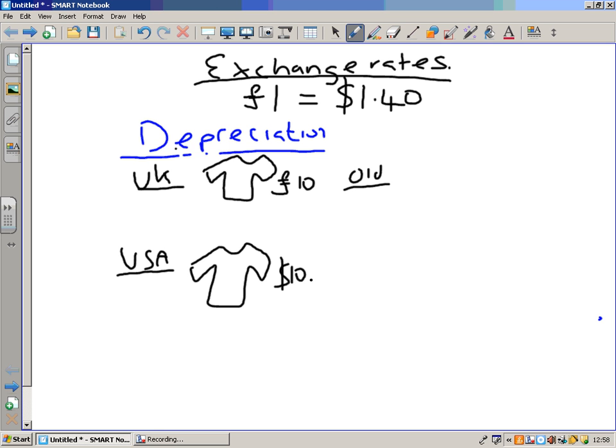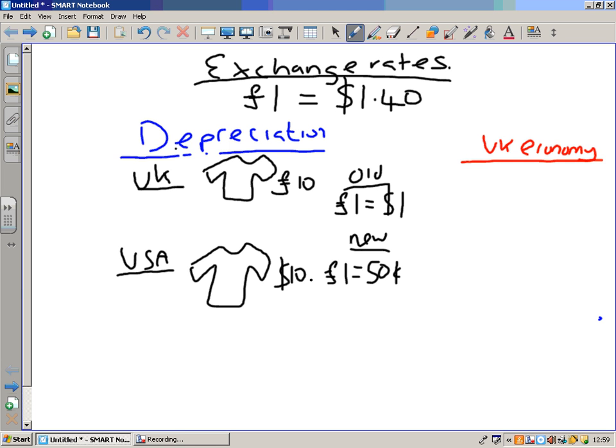The old exchange rate, £1 equals $1. New exchange rate, £1 is worth 50 cents or half a dollar. So the pound has got weaker. What we want to know now is how will this impact on the UK economy, and we'll think about in terms of impact on imports and the impact on exports.